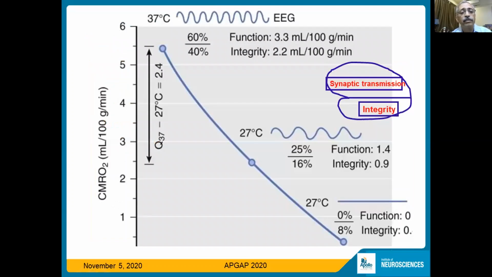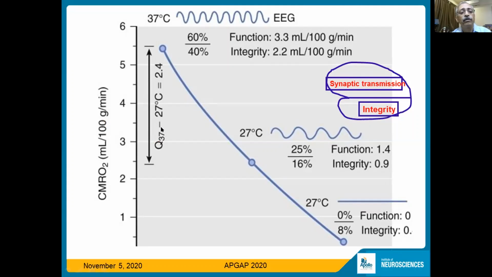Now, the effect of temperature, which I already mentioned: with an increase in temperature, there is an increase in cerebral metabolic activity and flow. But with a decrease in temperature, there is a definite decrease in synaptic transmission and further decrease in cell function and cell activity, which can reduce to up to 10% or even 0%.